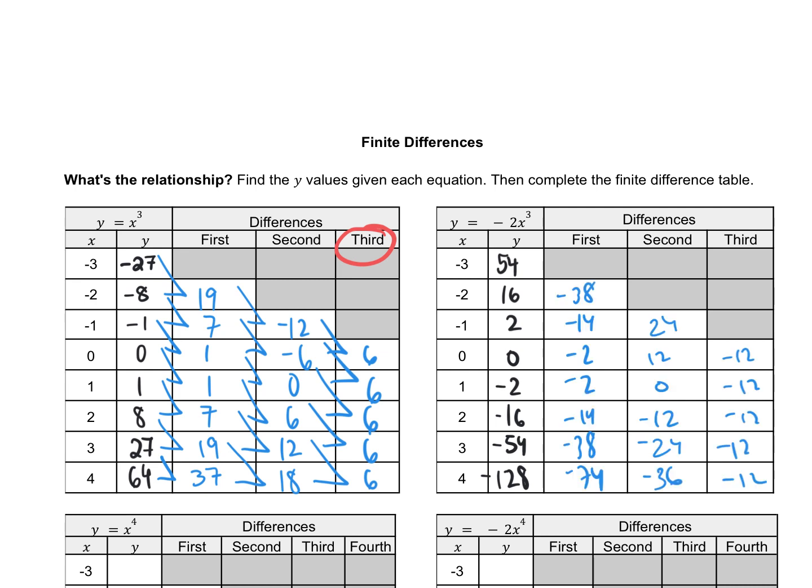And here is my finite difference table. As you can see, our third differences were constant again. And just like the other function, this was a cubic function, and it was the third differences that were the same. So we'll keep that in mind and see what happens when we go to a function that's to the power of 4.